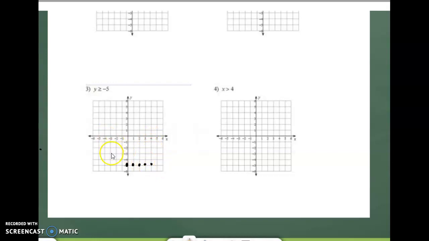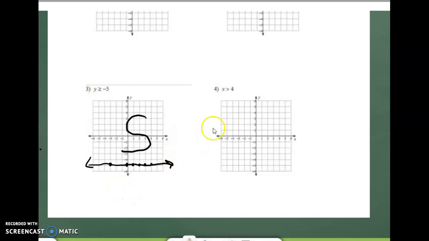This one over here is 3, -5, right? Now, let's look at the inequality sign. So it's going to be a solid line, right? And I think these are pretty easy to see which one's the answer. Greater than, obviously, is going to be on the top, right? And then less than would be on the bottom, wouldn't it?